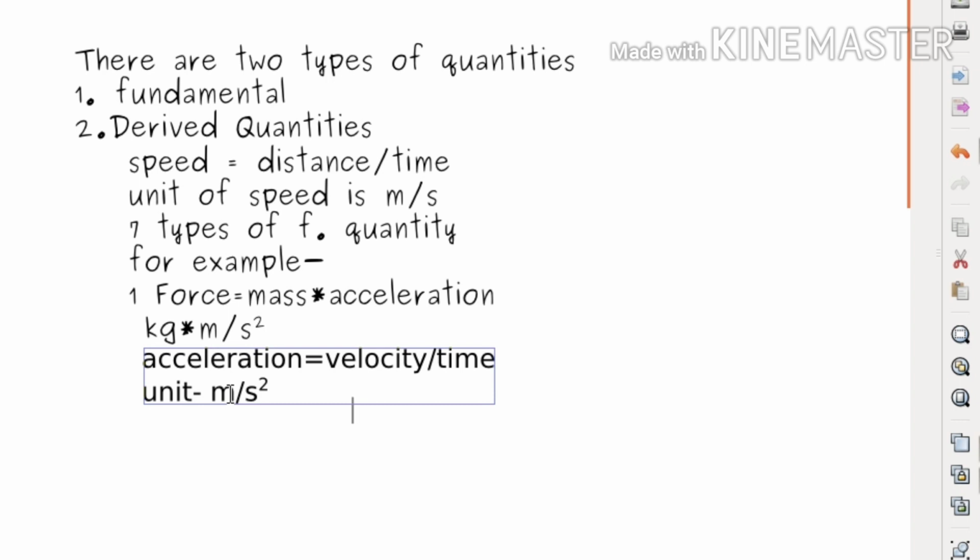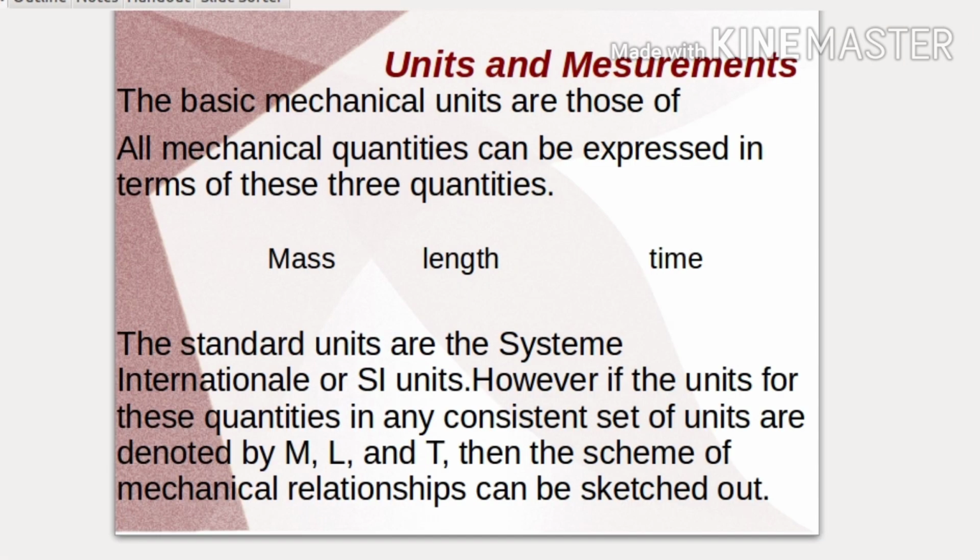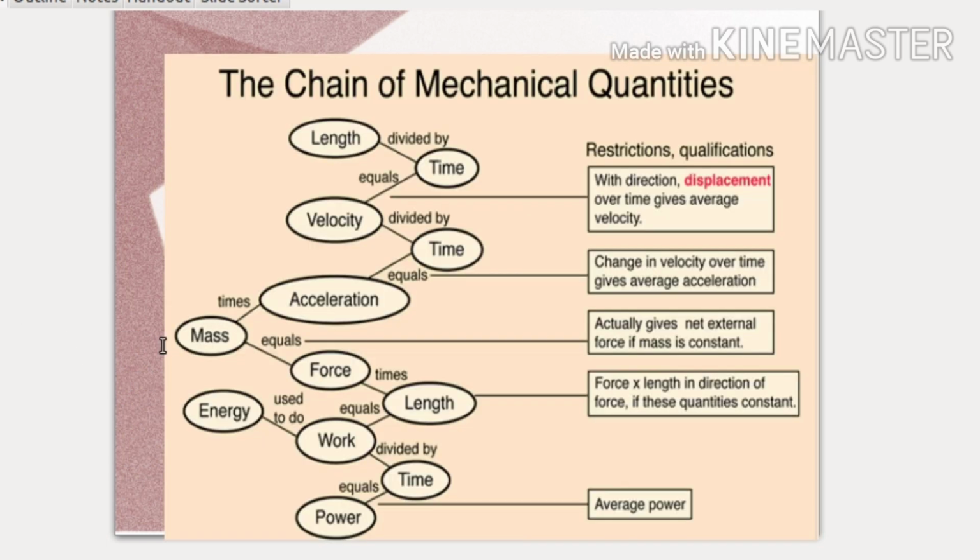The relation you can see here is the chain of mechanical quantities. This chain works as follows: when length is divided by time, this equals velocity, and when velocity is divided by time, this equals acceleration.